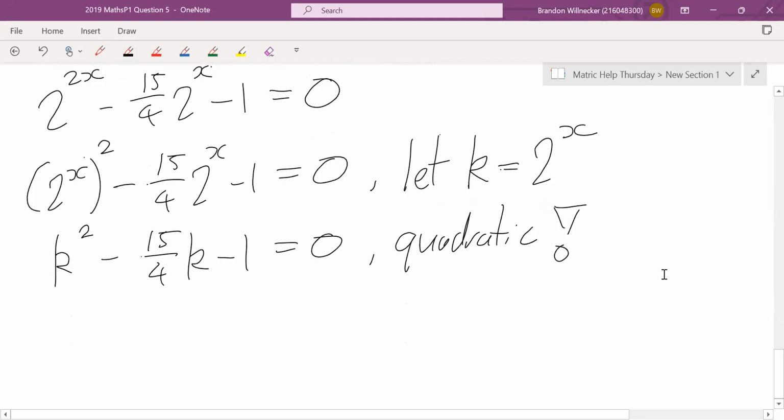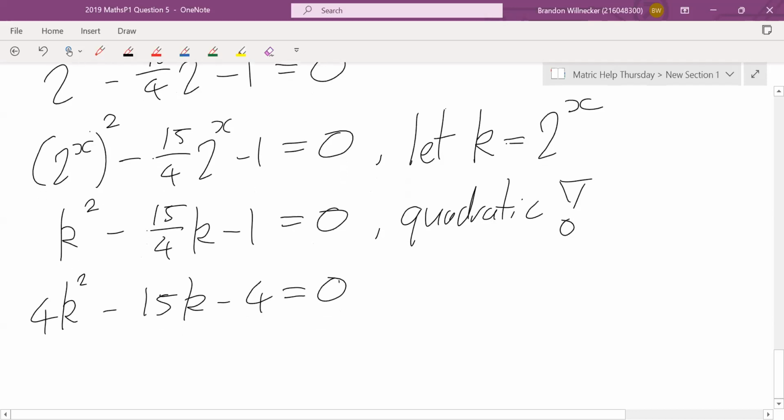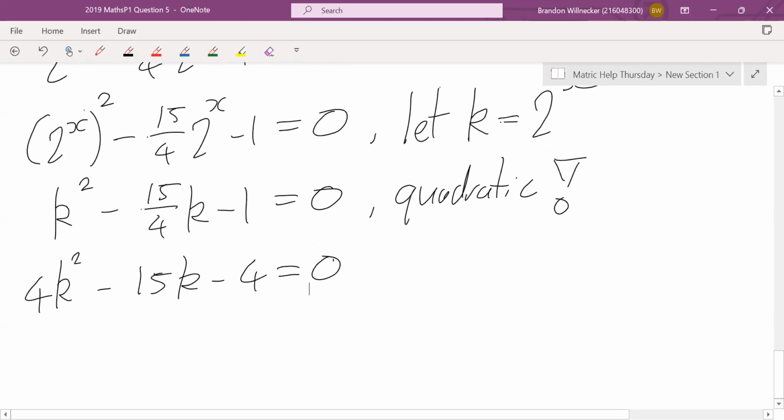First of all, let's get rid of this 4 in the denominator by multiplying through by 4. Okay, I just want to get rid of the fraction there. So we're going to get 4k squared minus 15k minus 4 is equal to 0. Okay, that's a bit nicer than working with fractions.